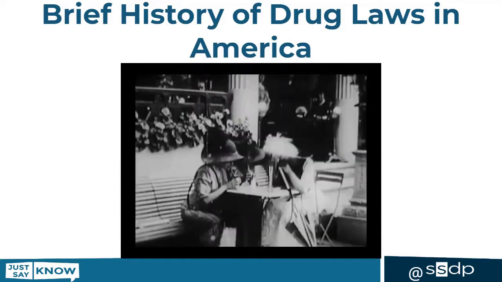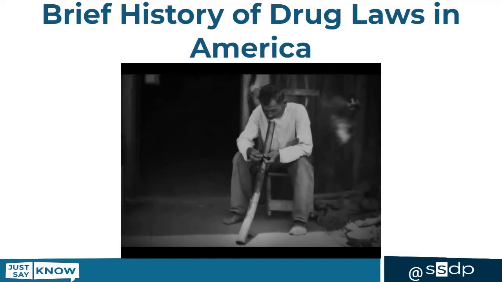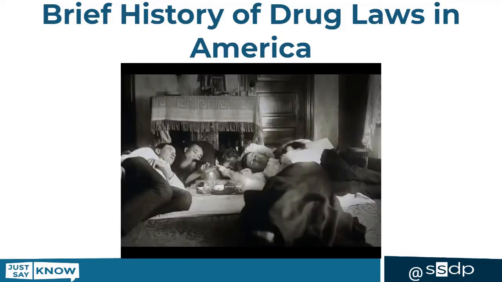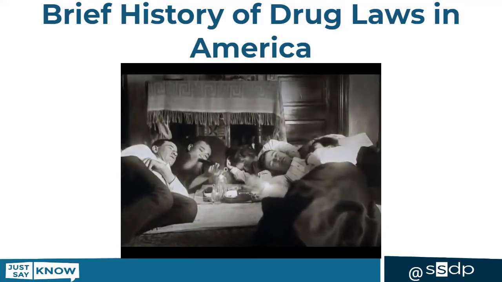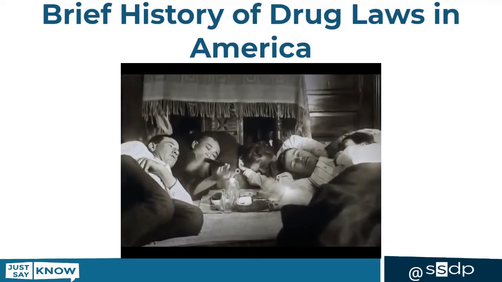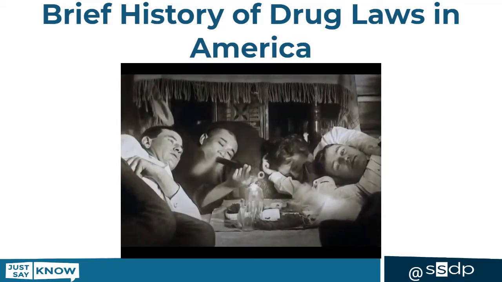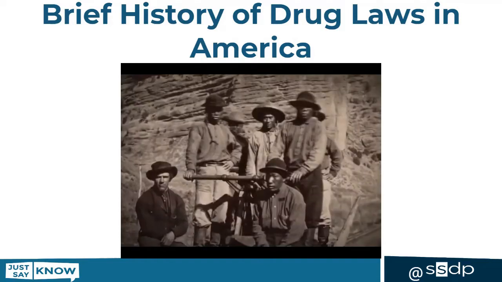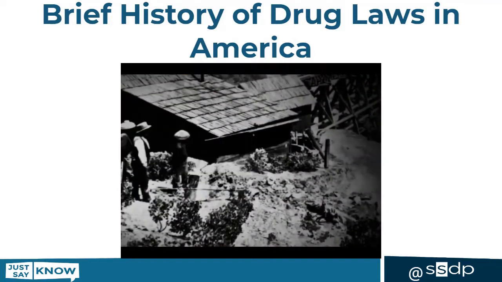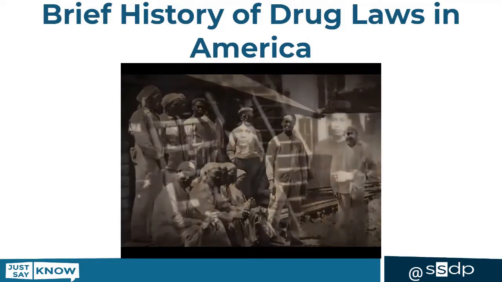Well, one of the first changes was on the West Coast, when smoking opium was made a criminal offense. Now, why would opium smoking be illegal in California but not in Mississippi? What was going on in California that was a concern about smoking opium? Well, as it turns out, it had nothing to do with opium itself. The concern was with the people associated with smoking opium, and that was the Chinese who had come to this country, and many of whom were in California, working hard, working for very little pay, and becoming part of the American success story.